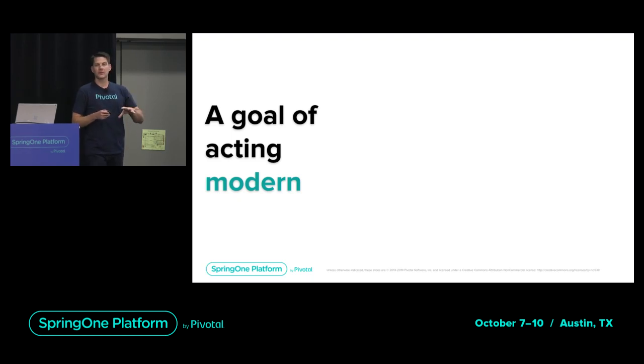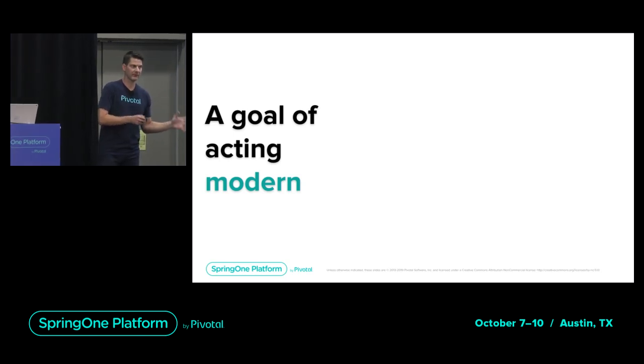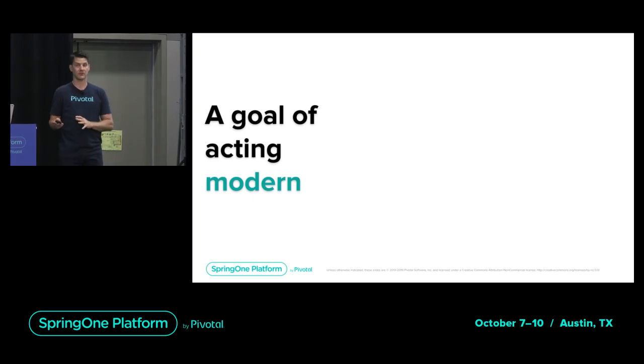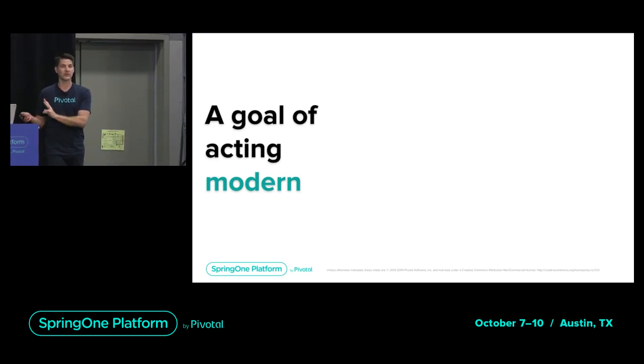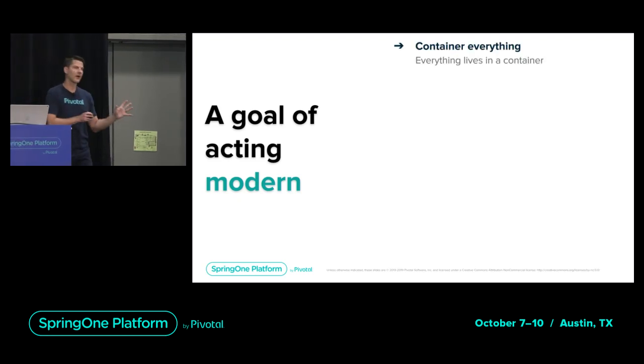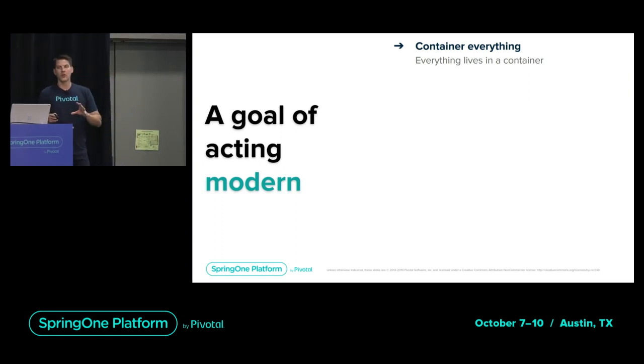Also a part of this, we want to do this in a modern way. Just because we're taking this terrible old legacy .NET application over to modern infrastructure doesn't mean we can't make good choices along the way. In fact, that's where we want to start. We want to think about 12 factors and things like that. We're not writing code, but that's okay. There's still a lot of factors there that we could apply to this. So, container everything. That was the first thing.